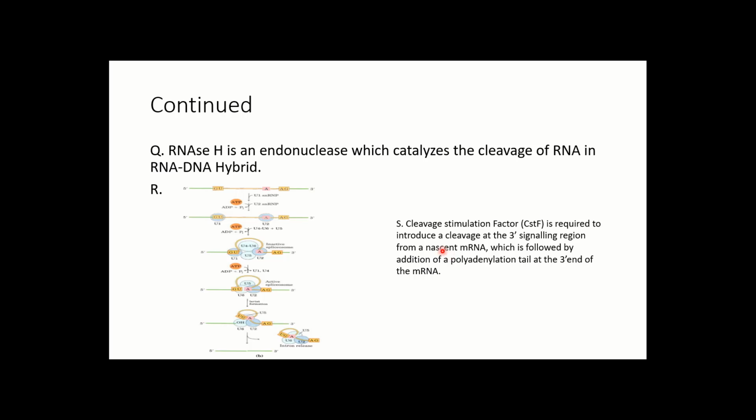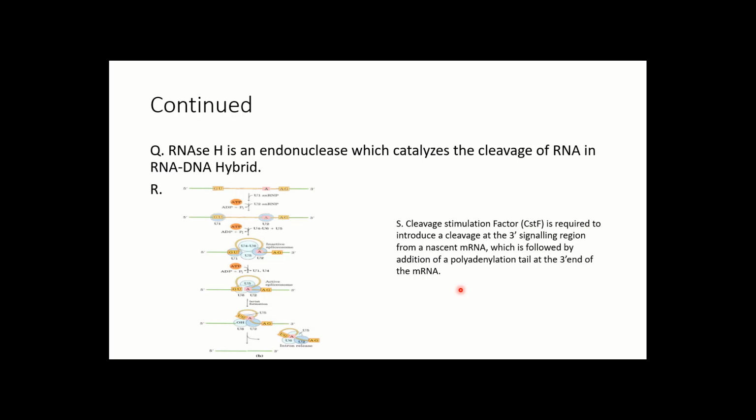The last option was cleavage stimulation factor, CSTF, which is required to induce a cleavage at the 3' signaling region of a nascent mRNA, followed by addition of a poly A tail at the 3' end of the mRNA. As we know, in mRNA modification, one is the addition of the poly A tail at the mRNA 3' end.